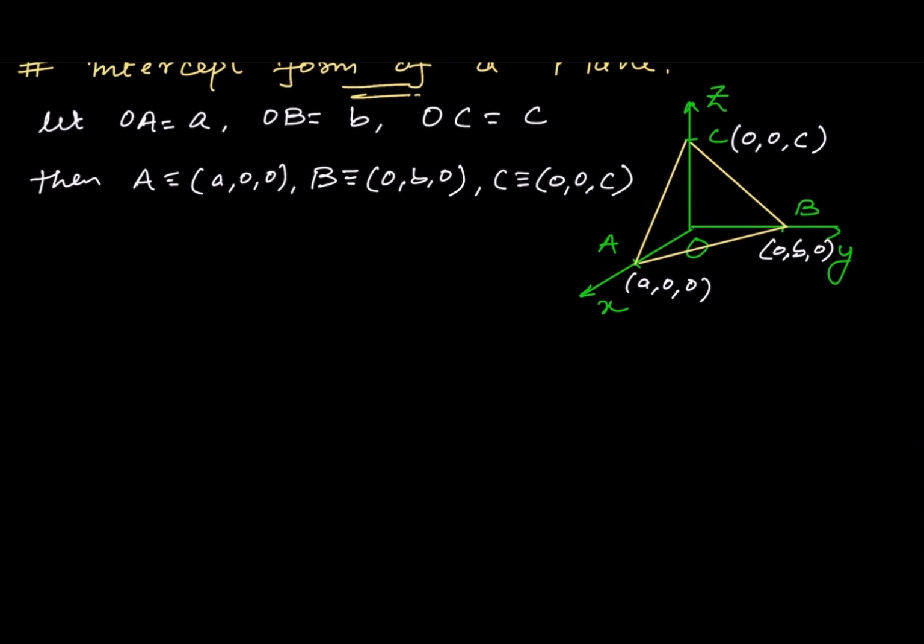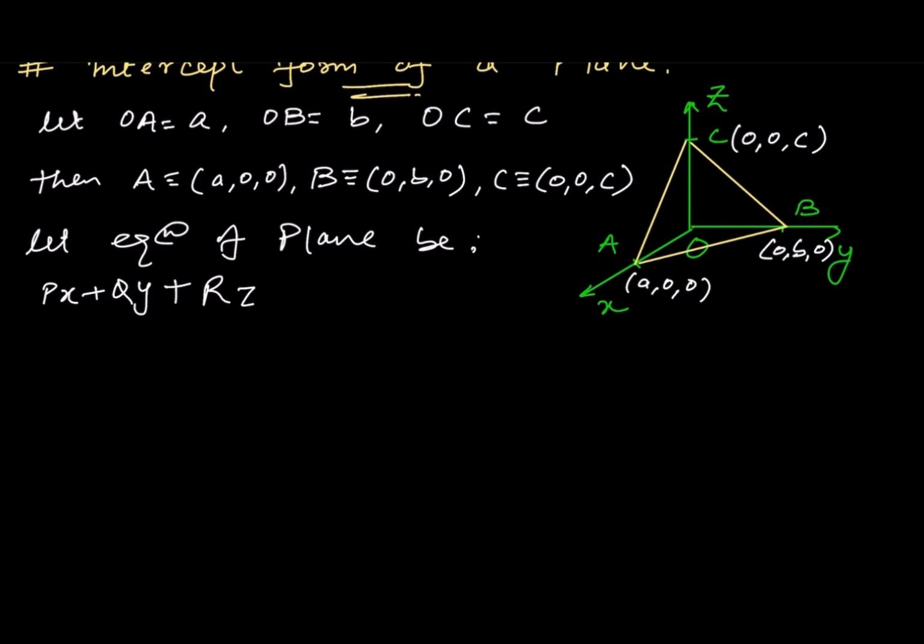Then let the equation of the plane be px + qy + rz + s = 0, right? If this plane is passing through A, B and C, then the coordinates of A, B and C will satisfy this plane.